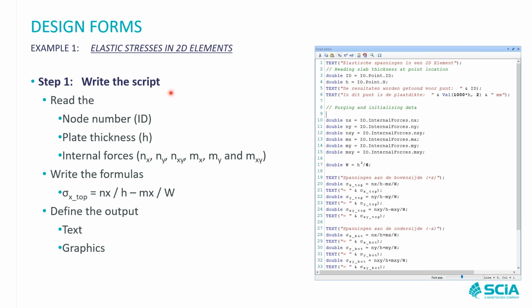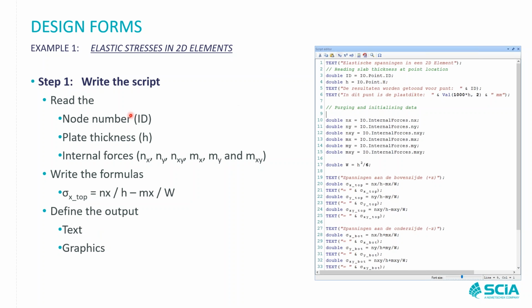But again, we will do the same steps as in the Excel sheet. So we will first read some information from SCIA Engineer into this environment, and then we will do some calculation. We will write some formulas, and we will then define the output in this design forms environment.